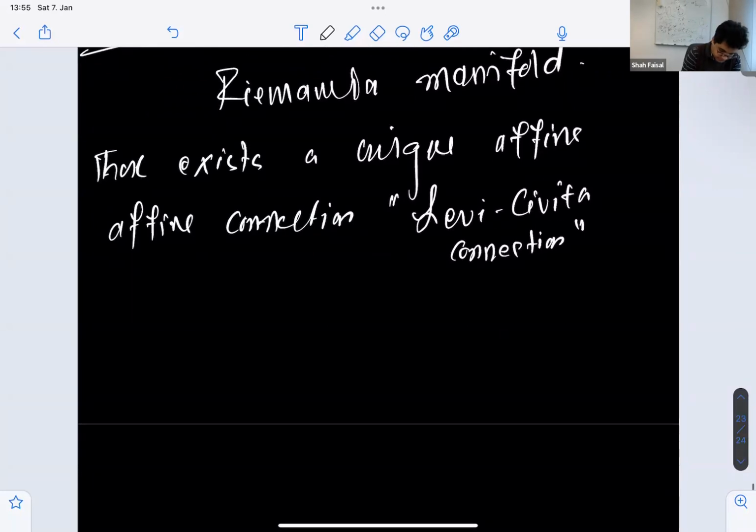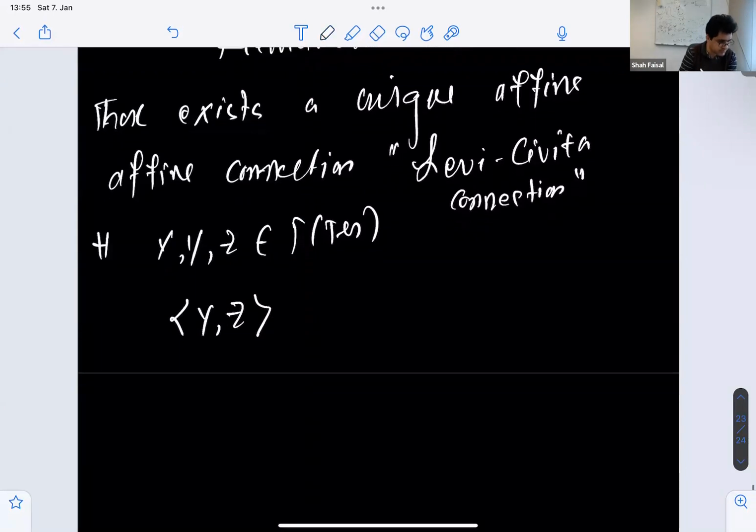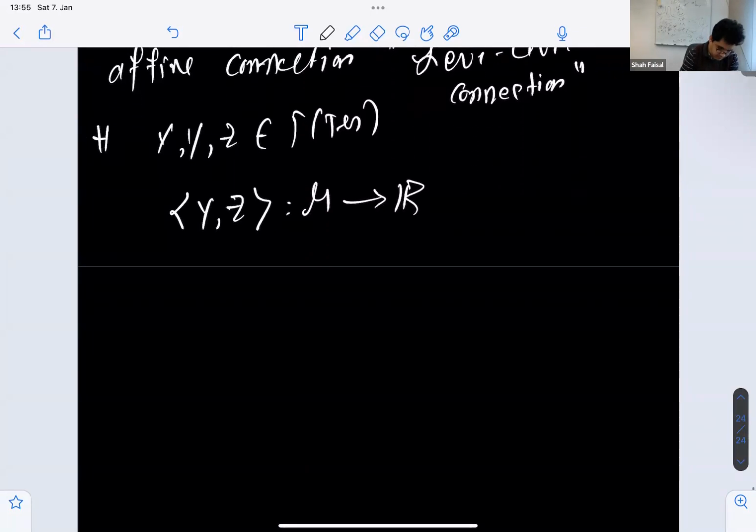If you take three vector fields from M and plug them into the Riemannian metric, you get a smooth function. For each point you get an inner product, so it's a real number. So now this is a smooth function from the manifold to R, and you can differentiate it with respect to the third vector.